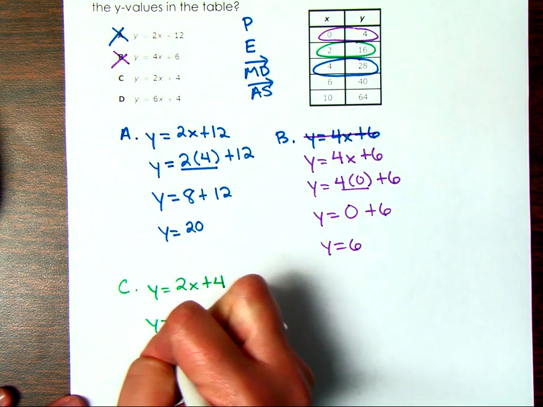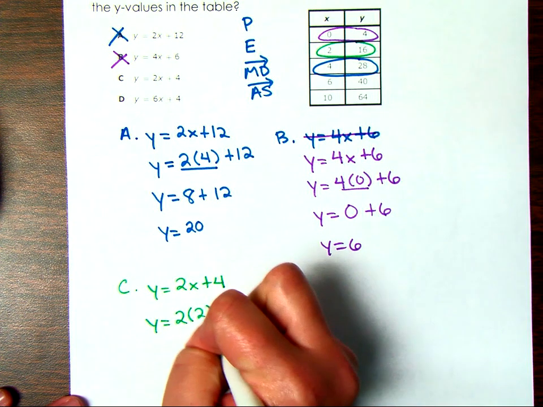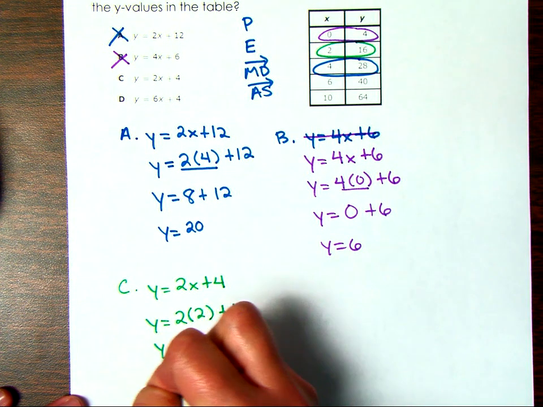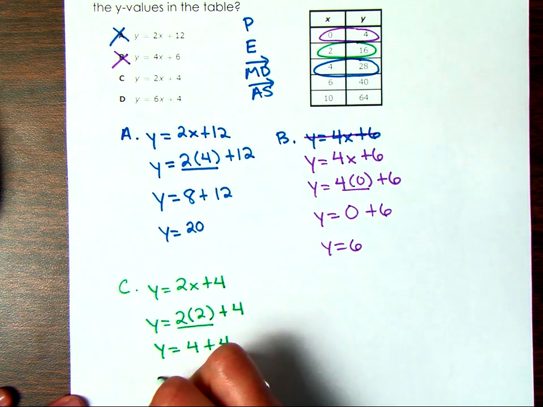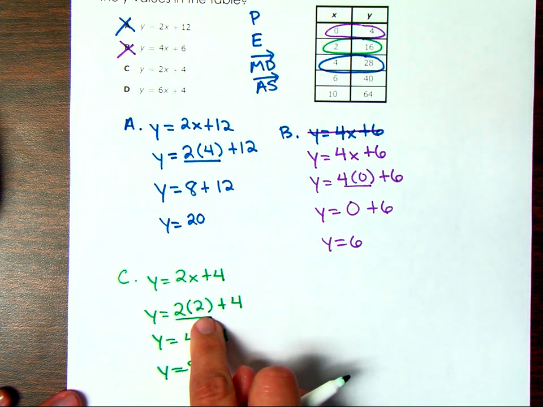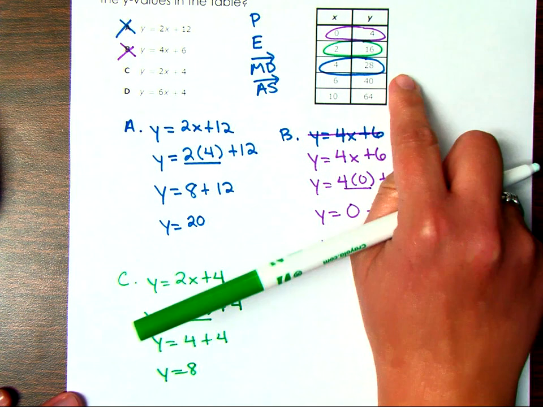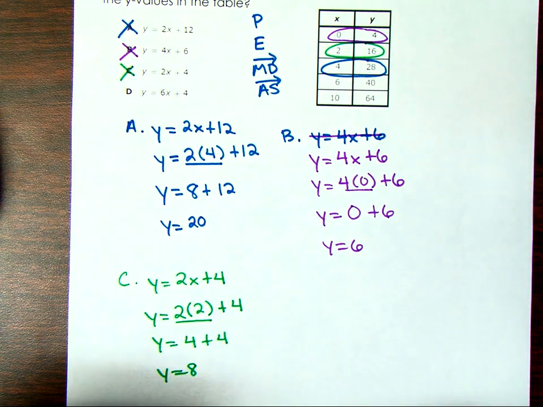So y equals 2, I'm going to say when x is 2. So y is 2 groups of 2 is 4. 4 plus 4 is 8. So in order for this equation to work, when x was 2, my y needed to be 8, and that's what we have here. So we finally are going to figure out that it's letter D.